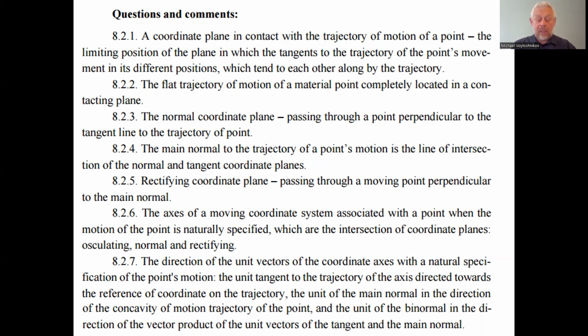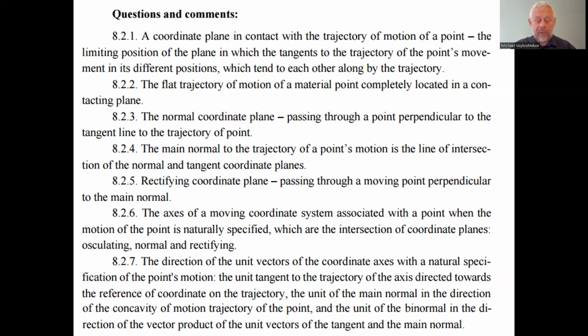So we discussed that the main normal axis direction corresponds to the concavity of the motion trajectory, towards the center of the concavity. The binormal has a positive direction, in the direction of the vector product.